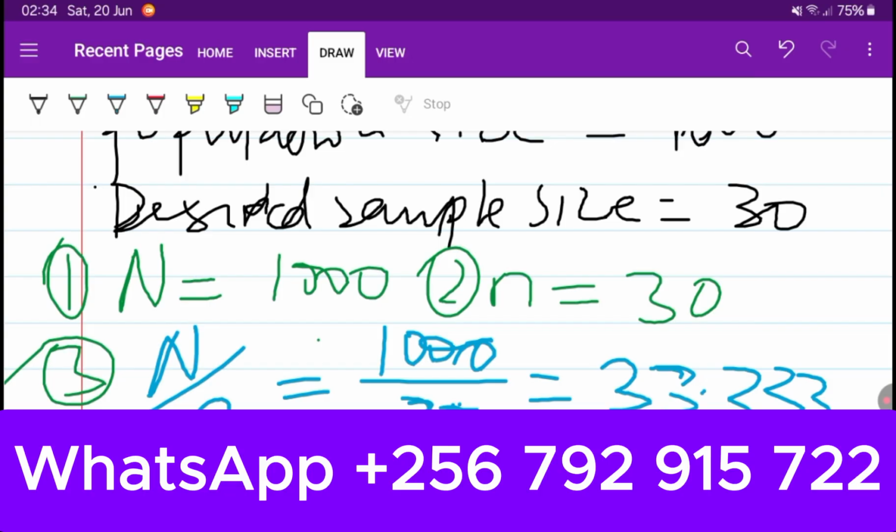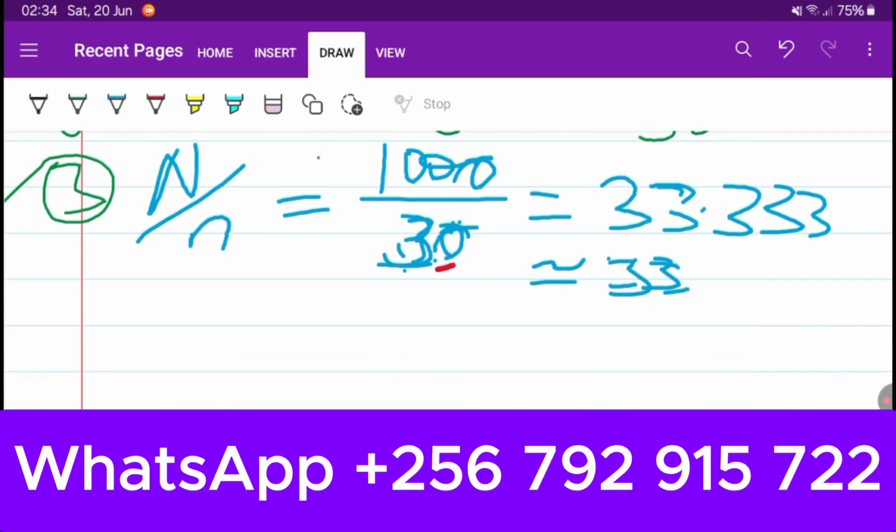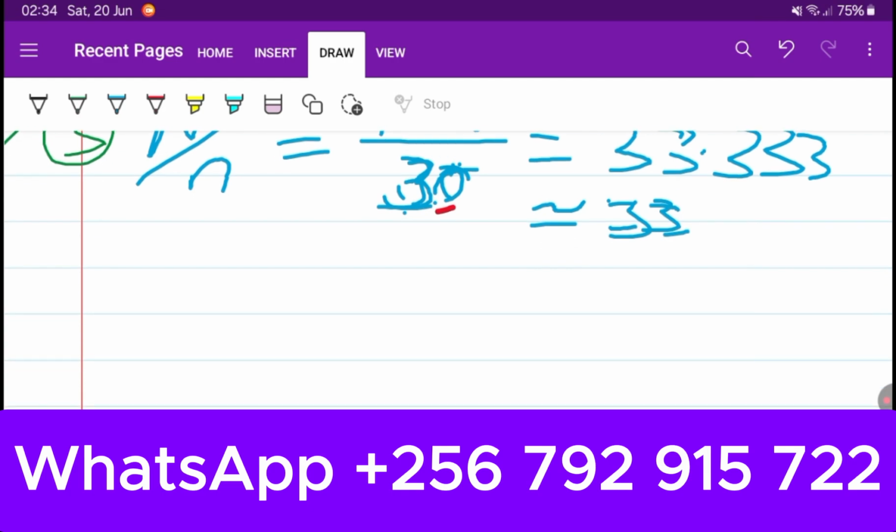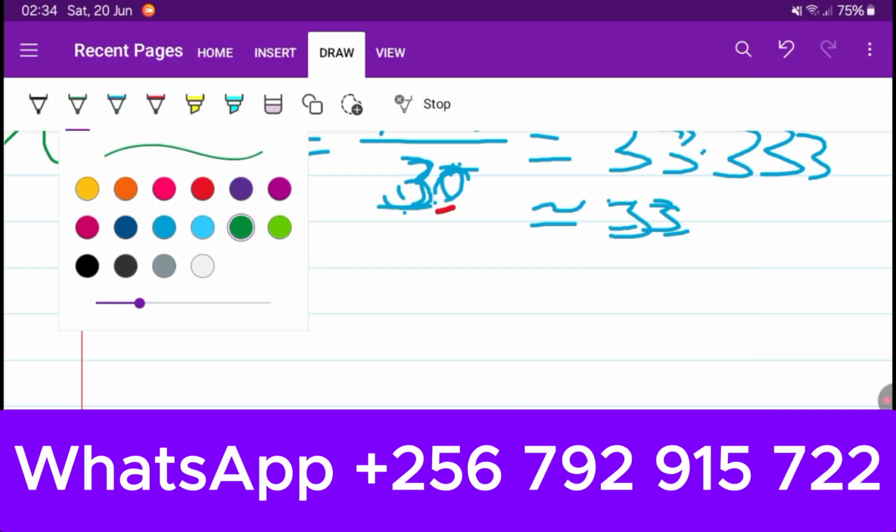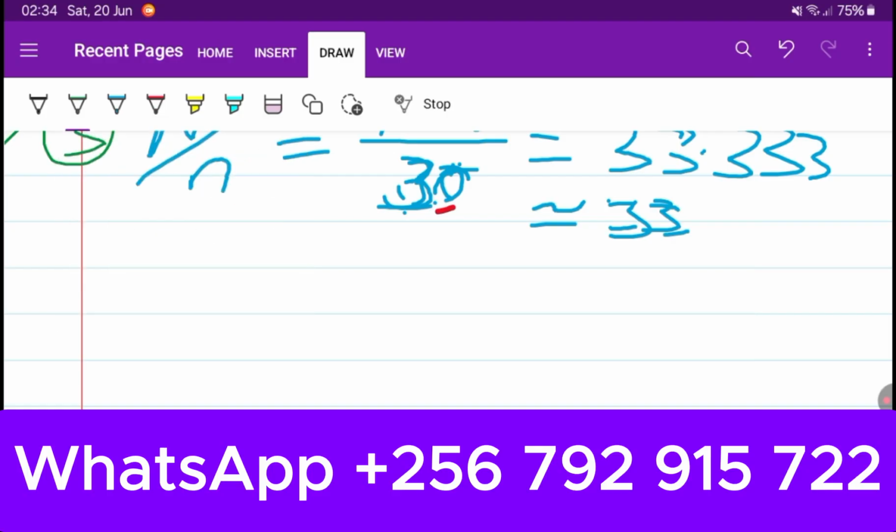Now the next step, we said we select any number between 1 and k. We call this x, because step 4, we call this number x.